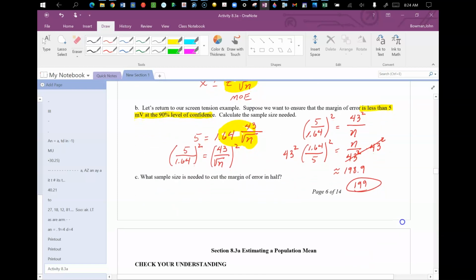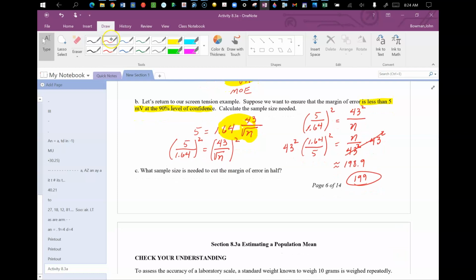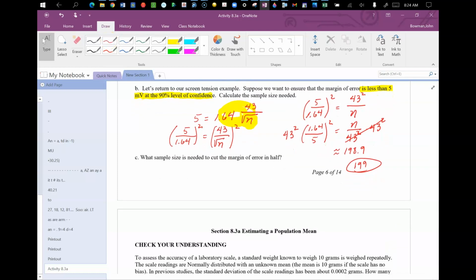All right, what sample size is needed to cut the margin of error in half? Well, you can verify this algebraically, or you could kind of think through it. So to verify it algebraically, you would basically say, oh, I'm going to make the margin of error 2.5, same critical value, same assumed population standard deviation, and solve for n.